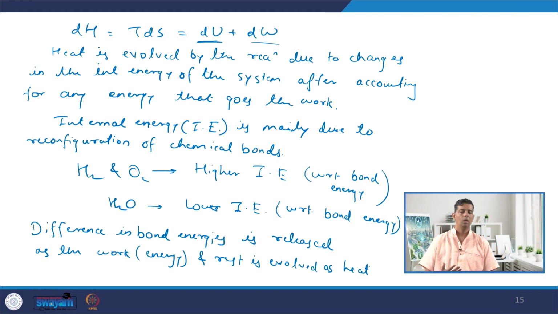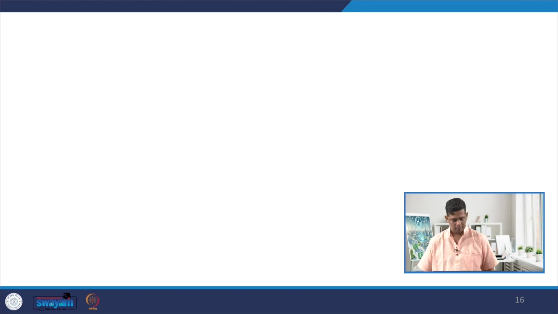And that is how H2 and O2 giving H2O releases heat, because not all of the difference in bond energy is converted into work. Some portion is converted into work, and the rest is evolved as heat.